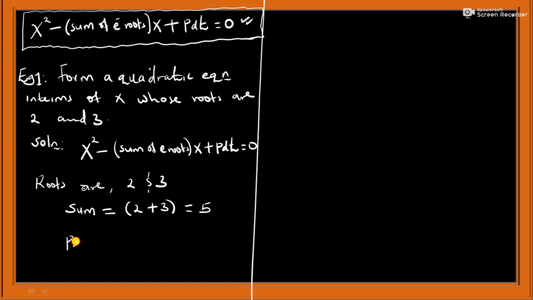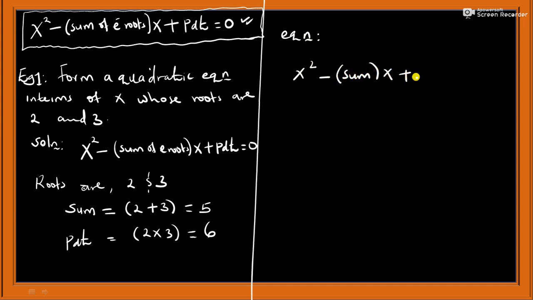Then you get the product of the roots, which is going to be 2 times 3, which will give us 6. So the equation is going to be x squared minus (sum of the roots) x plus product of the roots equals what? 0.